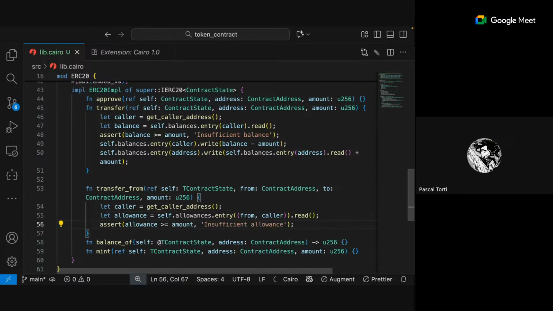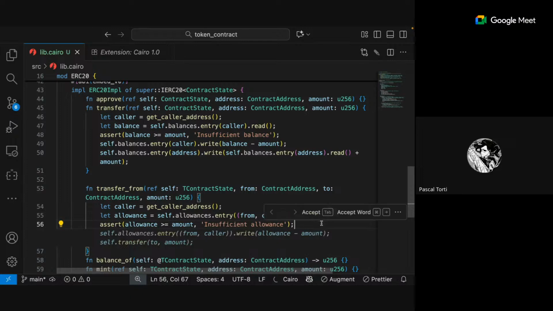Like I said, we have to check if this allowance is greater than or equal to this amount, else we call insufficient allowance. Then self.allowances.entry, we deduct this amount from the allowance to tell the contract that if Goodness gave me $100 and I took 50 from it, the remaining allowance should be 50.